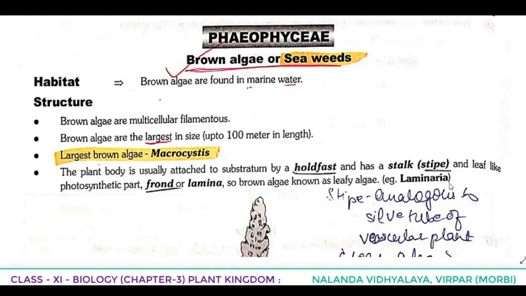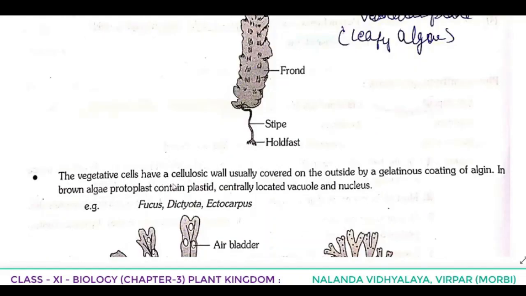Now, the vegetative cells have a cellulosic wall usually covered on the outside by a gelatinous coating of algin. This point we discussed already, right? And in brown algae, the protoplast contains plastids, a centrally located vacuole and nucleus. What is the point telling here?